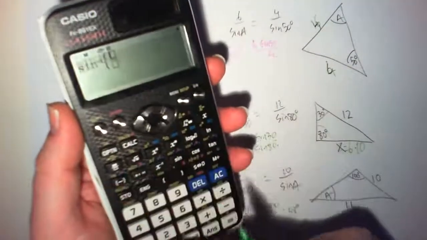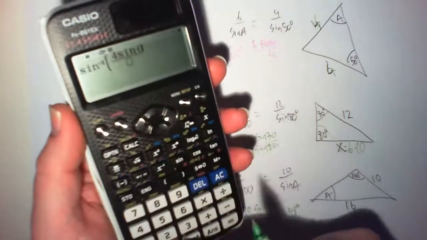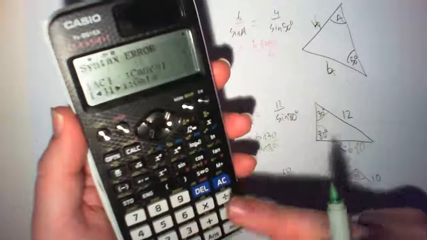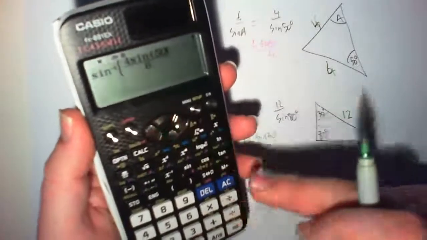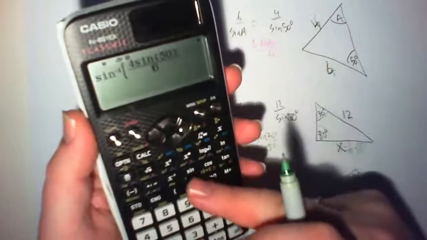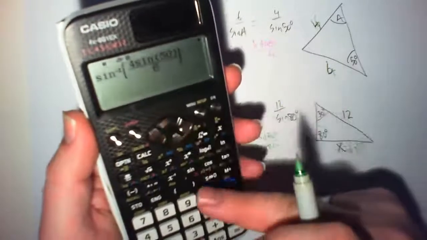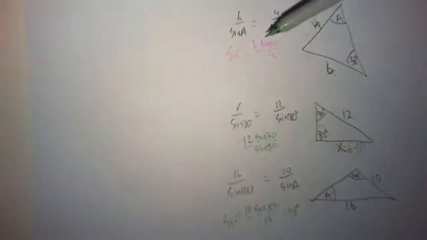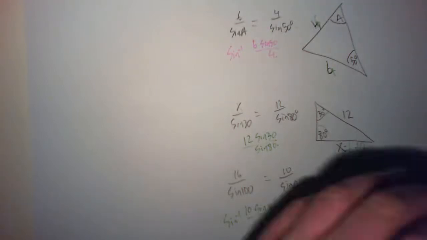Sine inverse fraction 4 sine 50 over 6. There you go, 31. So it's just to do with the fact that if the numerator is greater than the denominator when you're doing the sine inverse, you're not going to get an answer. So that's my bad on that. I'm really just pulling these out of my head for examples.